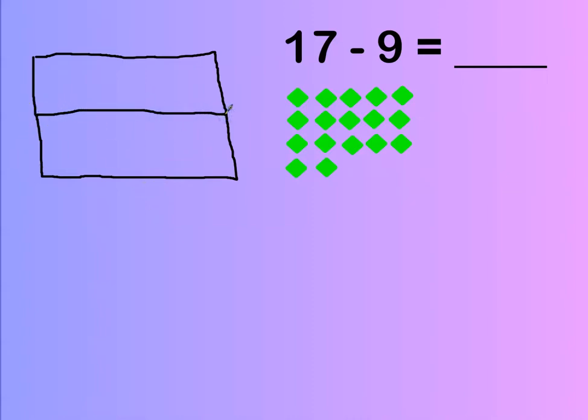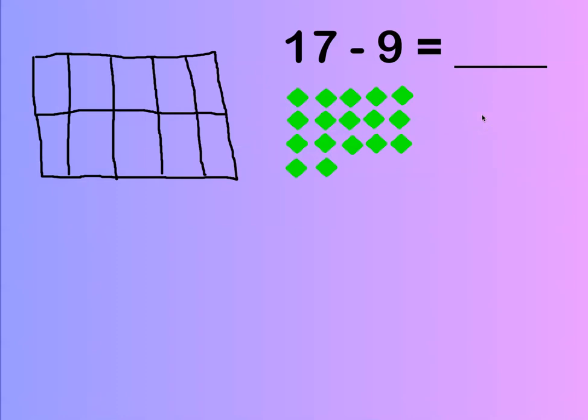There we go. And now I need to put 5 on each top and bottom row. To do that, I'm going to draw 4 lines. 1, 2, 3, 4. Now when I count, I have 1, 2, 3, 4, 5. 5 and 5 make 10. I'm all set with my 10 frame.